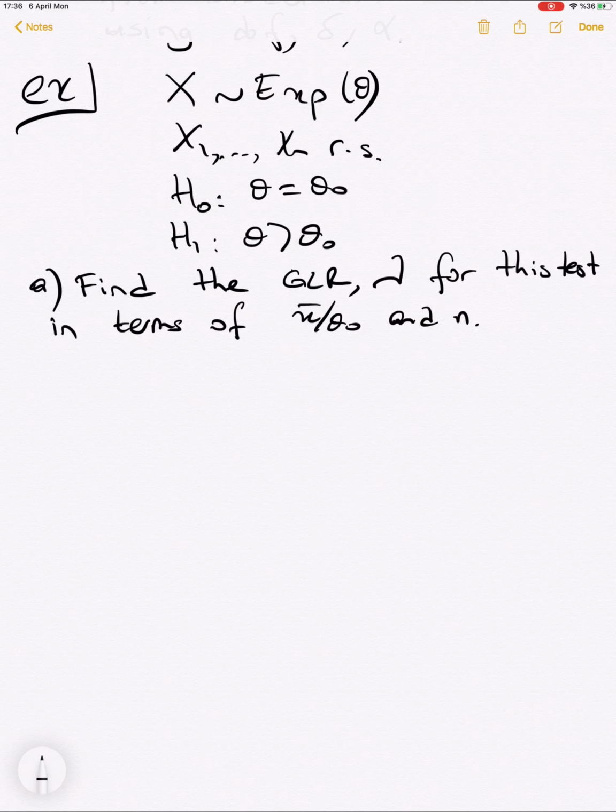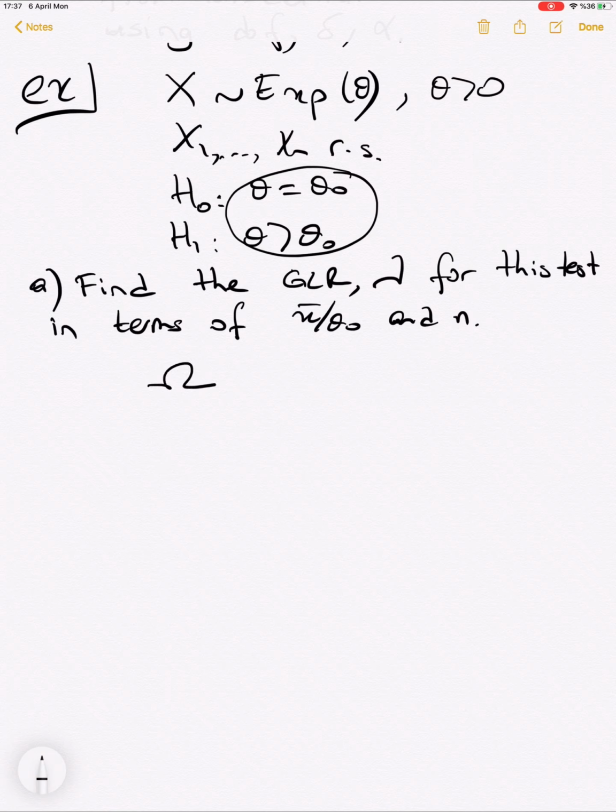To be able to find lambda, we need to define the maximum likelihood estimators under the parameter space. So we have to define our parameter space. Regularly, our parameter space for the exponential is all positive real numbers, but our parameter space for the test is different. So focus on this part.